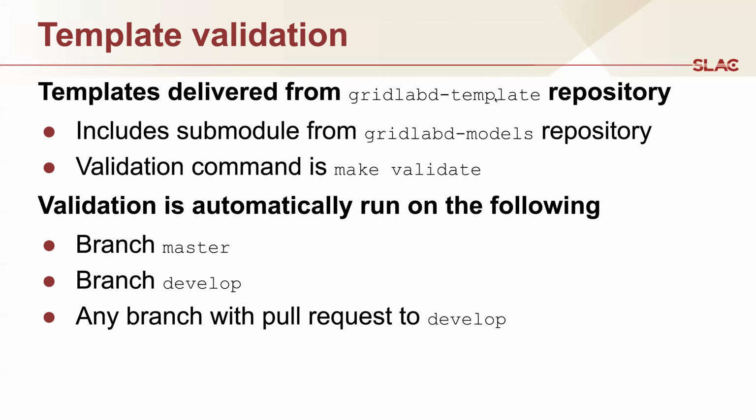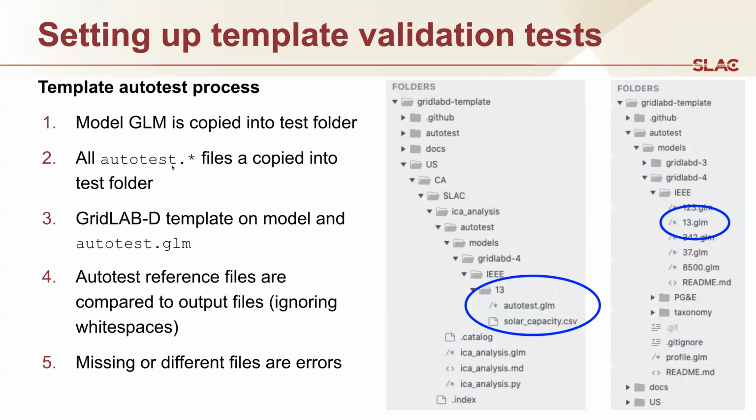based on the validation tests within the template repository itself. So the way this is done is, if you look at the template structure, these are the templates for the United States, California, and the Slack implementation, which will become the HiPAS standard templates.